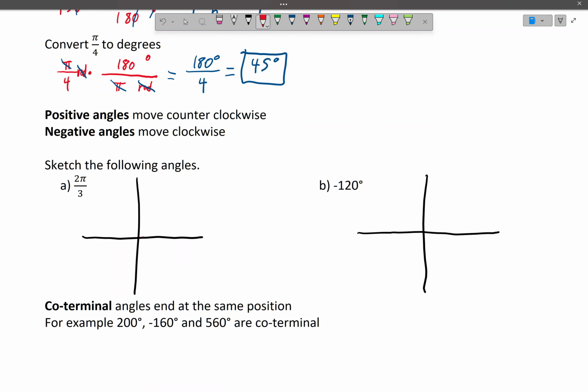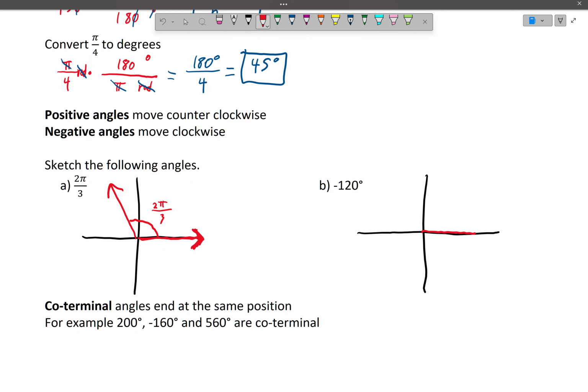Well, positive always starts in reference to the initial arm. And then we can go 2 pi over 3, which ends up getting about to here. So this angle that I drew here is 2 pi over 3.